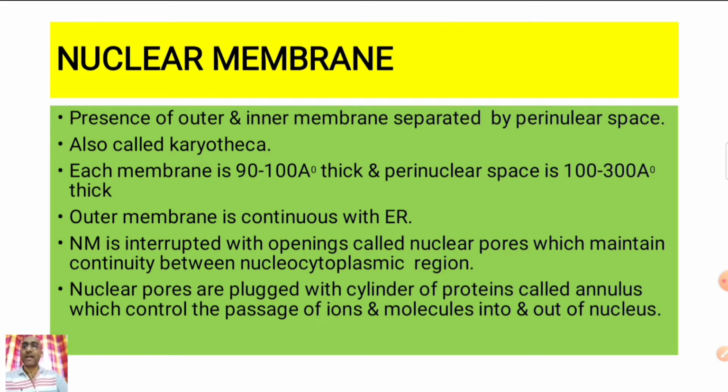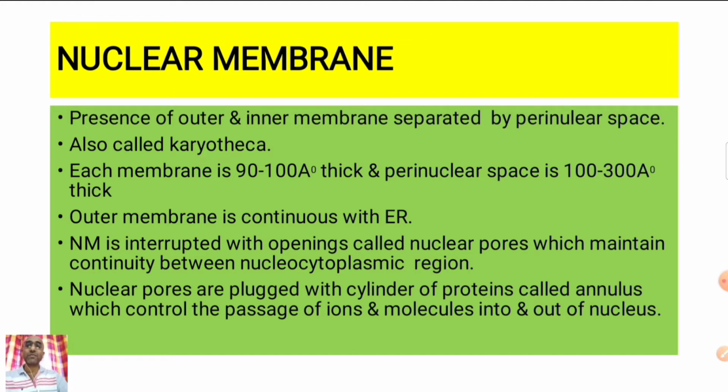The outer and inner membranes are around 90 to 100 angstrom thick, and the space enclosed between them is around 100 to 300 angstrom thick. Got it? Now the outer membrane is continuous with the endoplasmic reticulum.